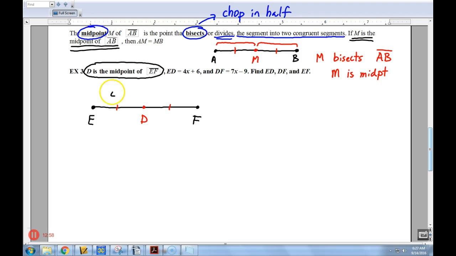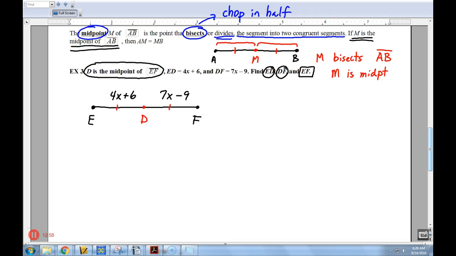And let's put some values on here. ED is 4x plus 6, and DF is 7x minus 9. And we need to find 3 different answers. We need to find how long is ED, the left segment, how long is DF, the right segment, and then the entire segment. So I'm going to have to use algebra, find out what x is, plug x back in, and then I can get some real numbers.